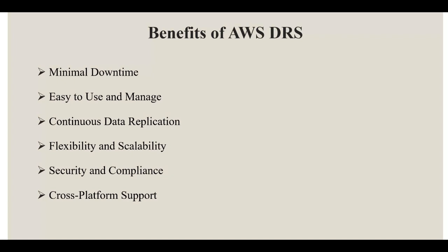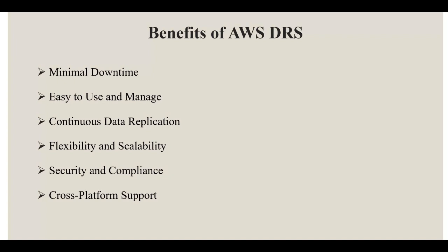It supports cross-region and cross-account scenarios. You can replicate workloads across AWS regions, increasing redundancy and ensuring high availability. It supports disaster recovery across multiple accounts, giving you more flexibility. It also allows you to customize the configuration of recovery instances and scale your recovery environment based on your specific needs.